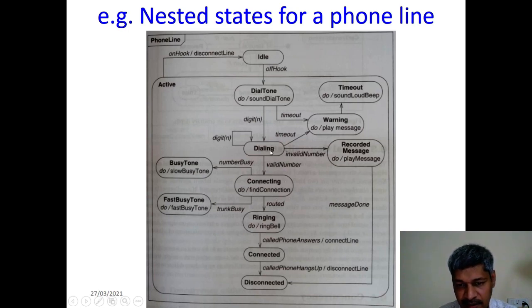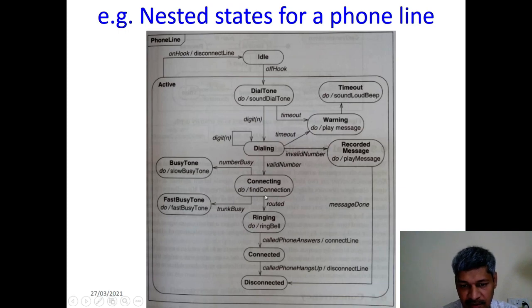If it is invalid, then you have to record a message, so do play message. And if, say, during dialing the timeout happens, that's the event, and eventually the timeout will lead it to the warning and timeout state.